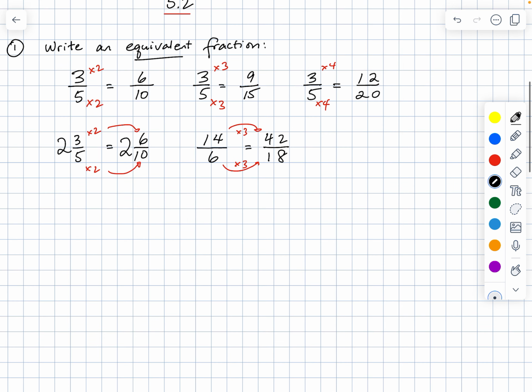Now, this moves into ordering or comparing. So I want you to compare which is greater. And the way I want you to solve this is I want you to put over a common denominator.